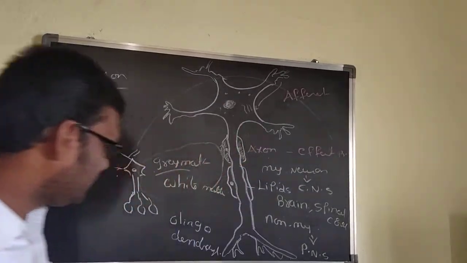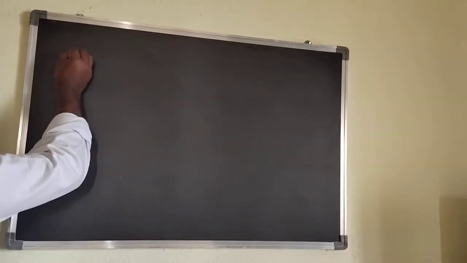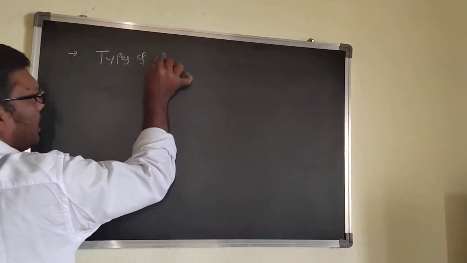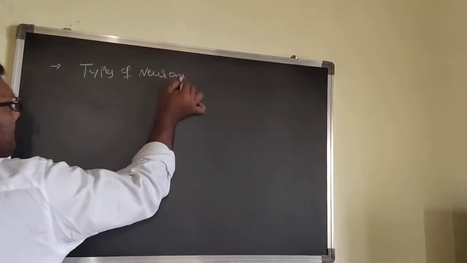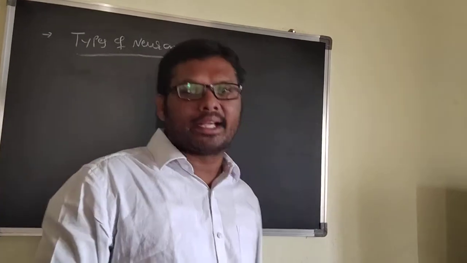Now here, see, the types of neurons. Types of neurons based upon dendrites and based upon the axon.